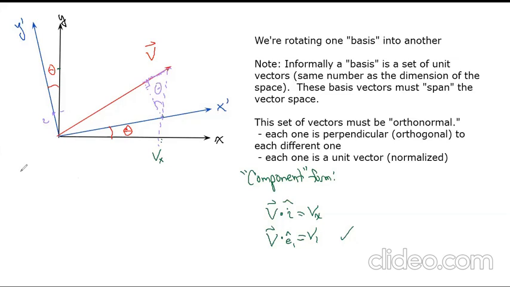So I know that V1 is Vx cosine theta, and then Vy cosine theta. Right.